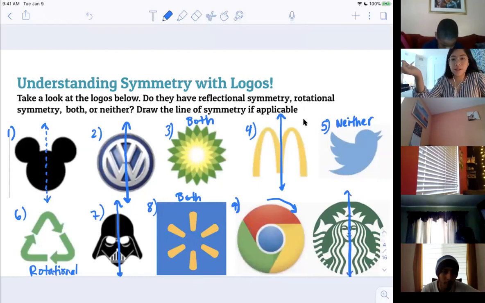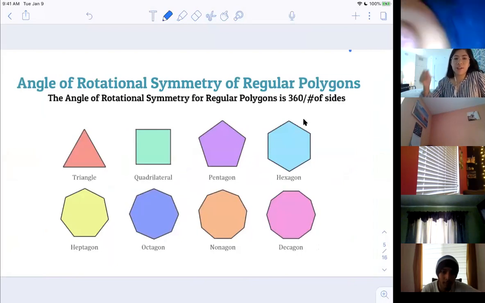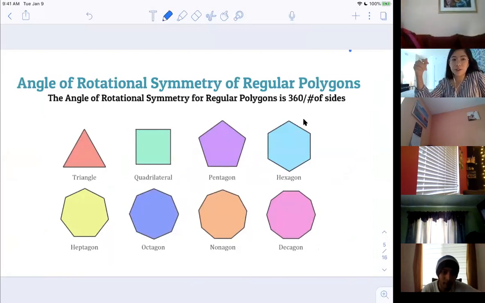So that's all the types of symmetry. I think with that, you guys are pretty good at figuring out which one it is. There's just one more thing you have to know for rotational symmetry. Regular shapes, or regular polygons, are only regular if all the sides are the same length. A square, all 4 sides are the same length, so that's regular.